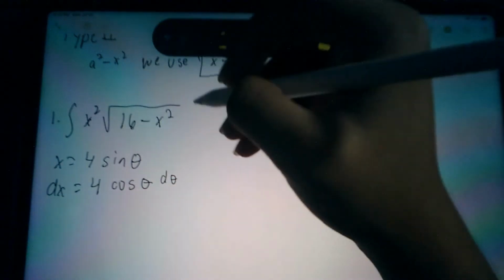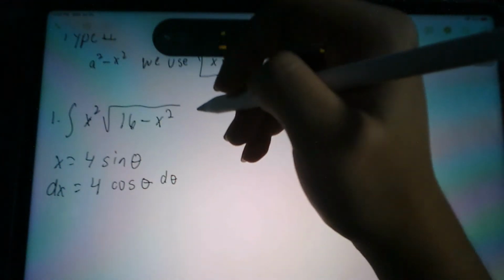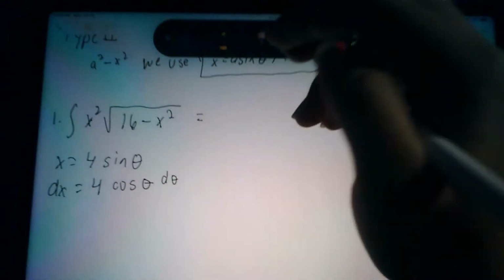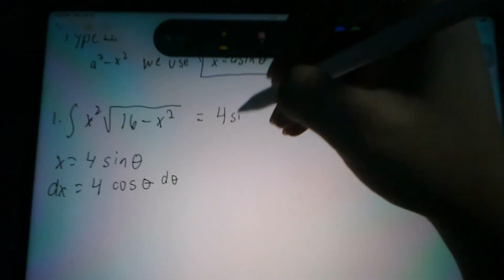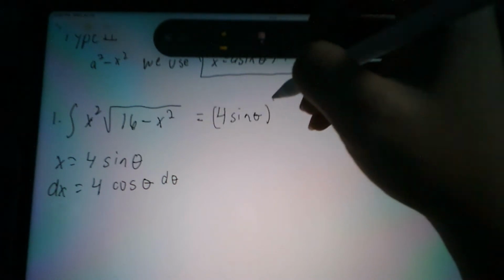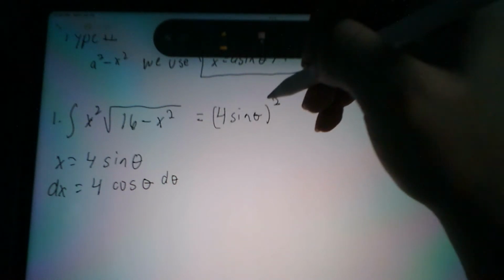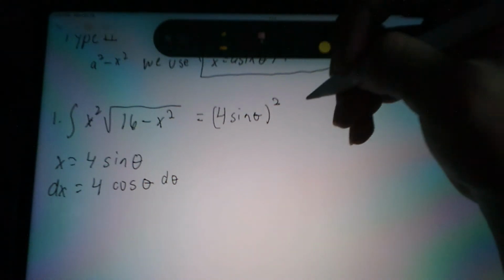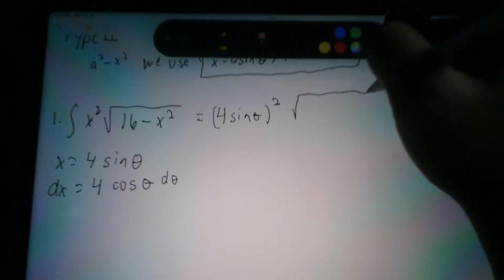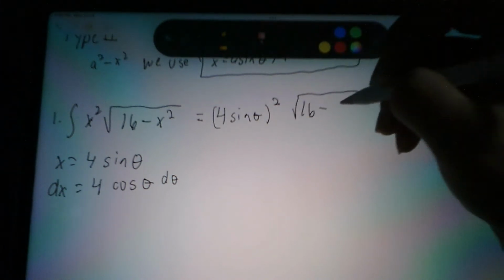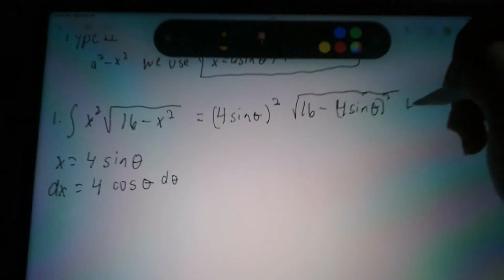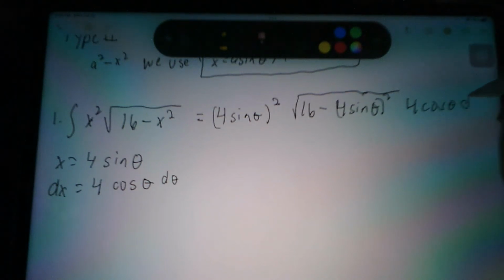So x here is 4 sine theta squared, and square root of 16 minus 4 sine theta squared, 4 cosine theta d theta.